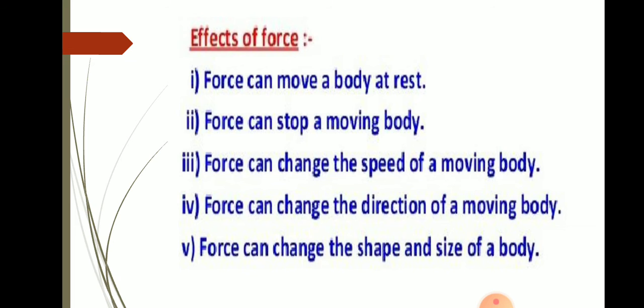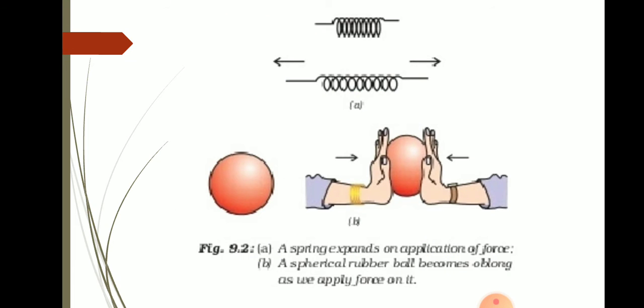And also force can change the shape and size of a body. So these are all the effects of force. You can see here a body where the force is applied on a spring, and it changes its size. In the same way, you can see a rubber ball. When the force is applied on the rubber ball, what happens?